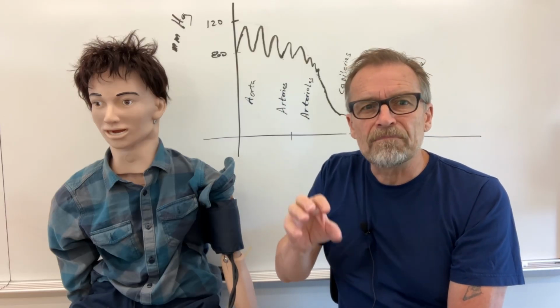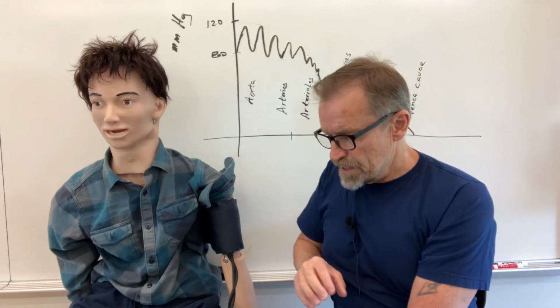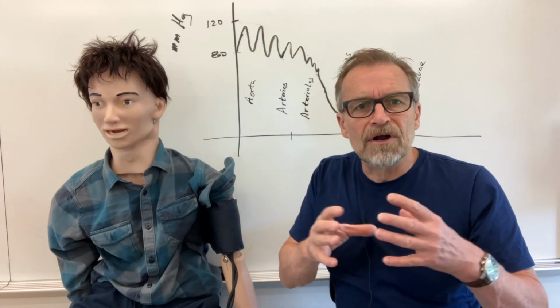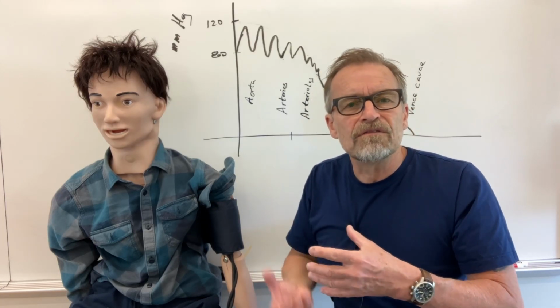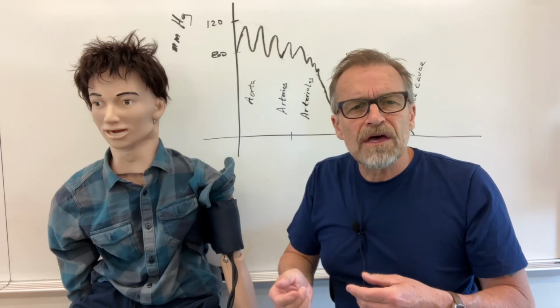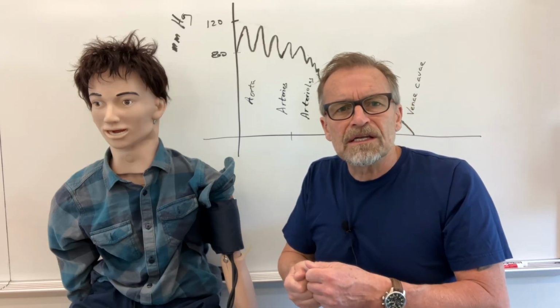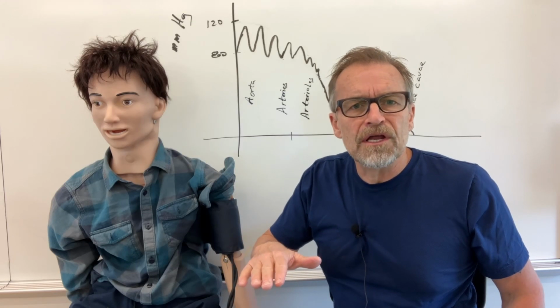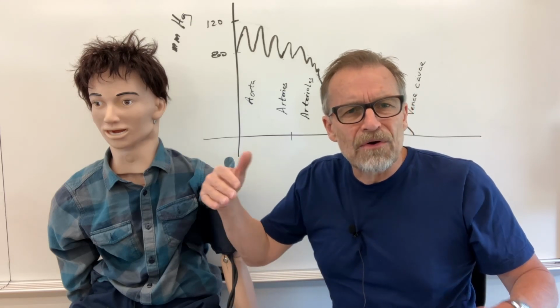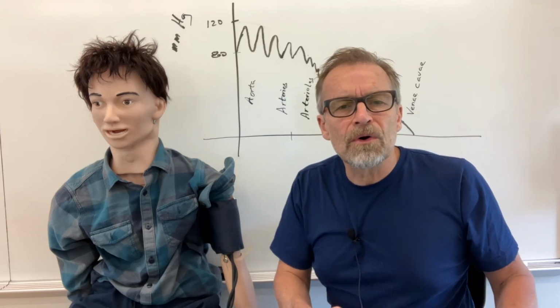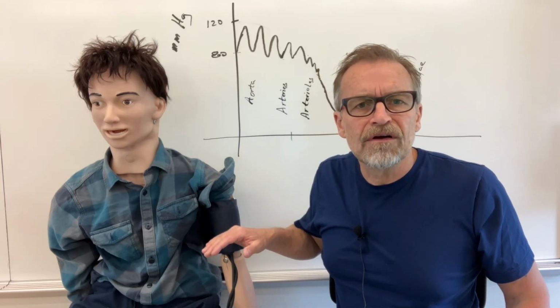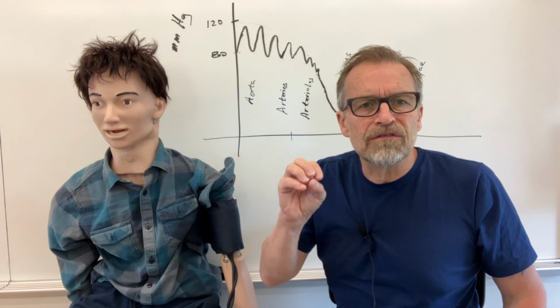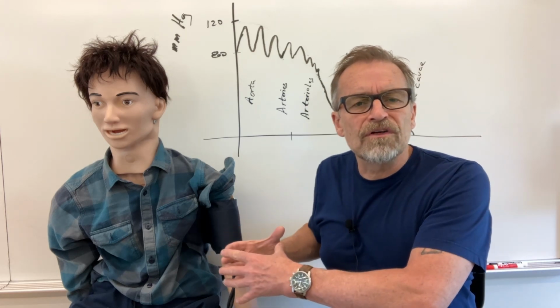But I will hear that beat because that blood is still going to be going against a back pressure as I'm constraining the venous return. Then once I release it to where I'm below the low pressure of the artery, I don't hear it anymore because now I've got flow going through the cuff, and I don't have that restrictive force of the cuff.